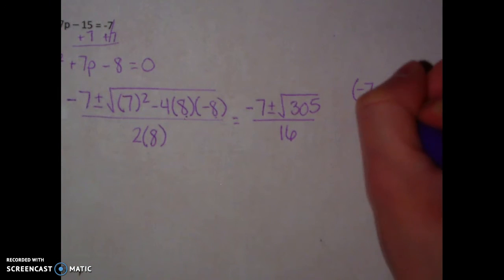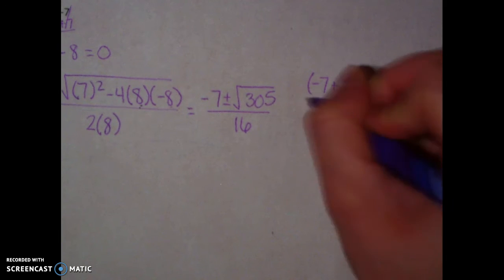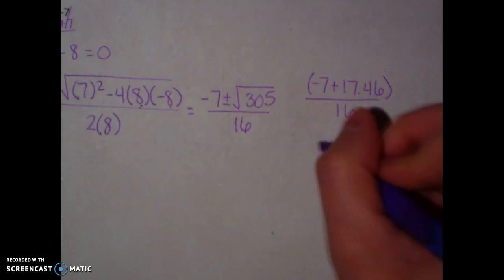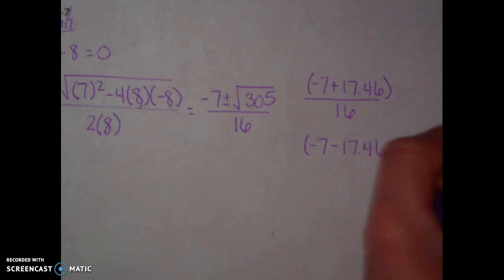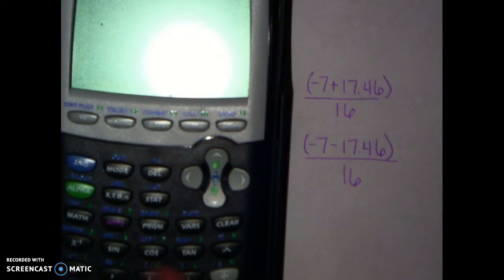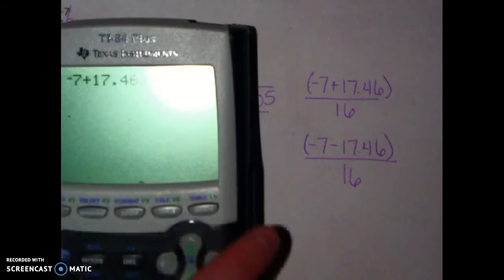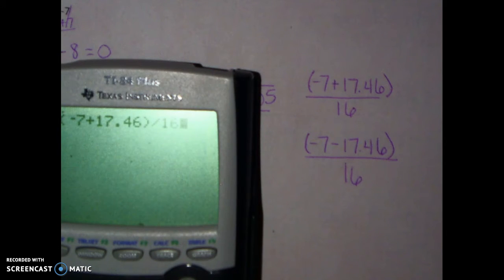So negative 7 plus 17.46 divided by 16, and negative 7 minus 17.46 divided by 16. Sorry, divided by 16.